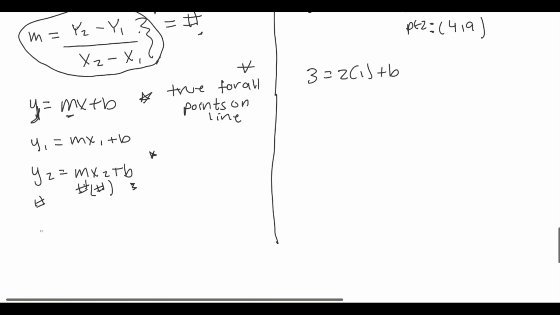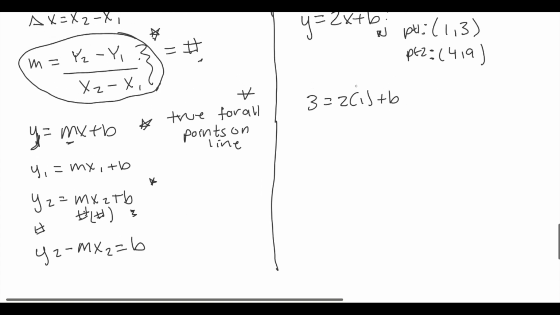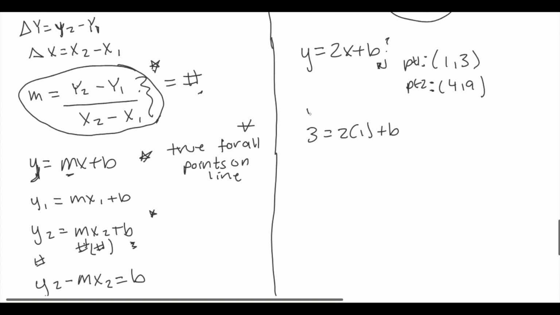And we'll see over here how that works out. So here we have this equation. And then we'll see what it looks like if we use this other point, because both points are usable. You can use any point you want to. We'll write it in the same order. I think that's important.